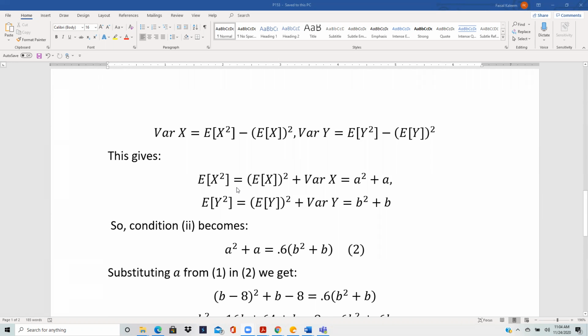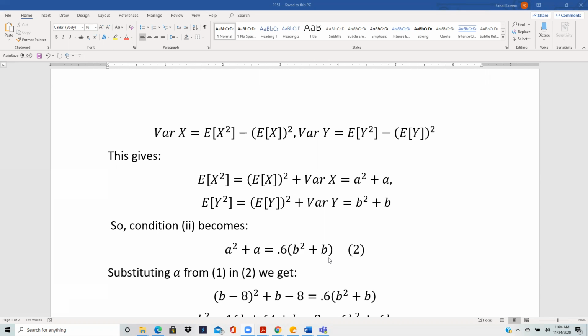So E of X squared is, if you move this to the right side, E of X whole squared plus variance of X, and E of X was A, so this will be A squared plus A. Variance of X was also A. And similarly, E of Y squared will be B squared plus B. And so we have E of X squared, which is A squared plus A, is 60% of E of Y squared.